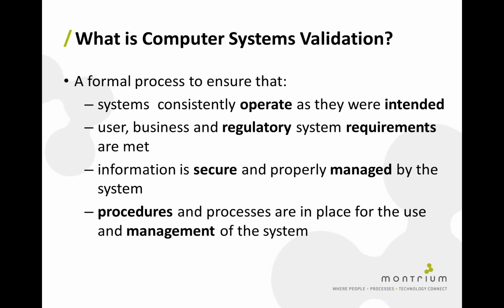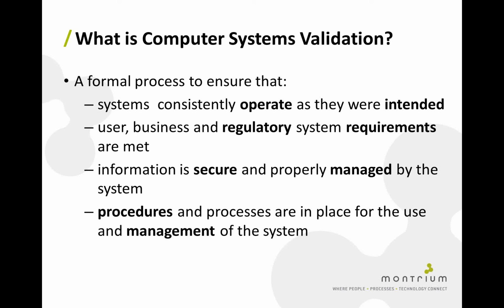So what is computer systems validation? Computer systems validation is really a formal process which enables us to ensure that our systems are operating consistently and as they were intended. It's a process which allows us to make sure that our user, business and regulatory system requirements have been met.